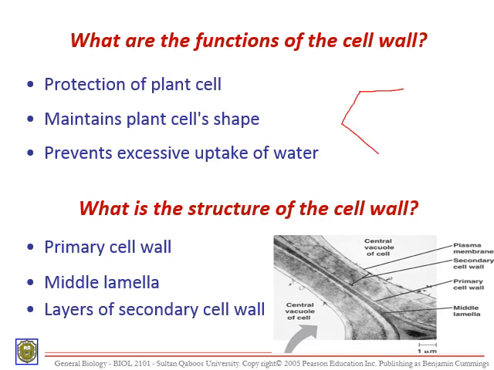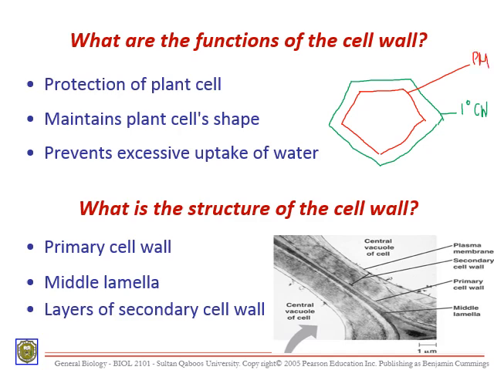This is a plant cell with its regular shape, and now I'm going to draw the, of course this is the plasma membrane, okay, the thing that I have drawn in red, and this is the primary cell wall. So this is the primary cell wall. Let me label this as plasma membrane.